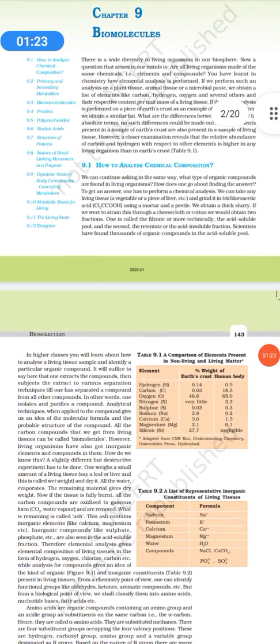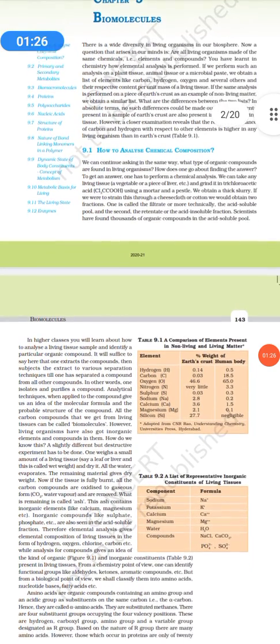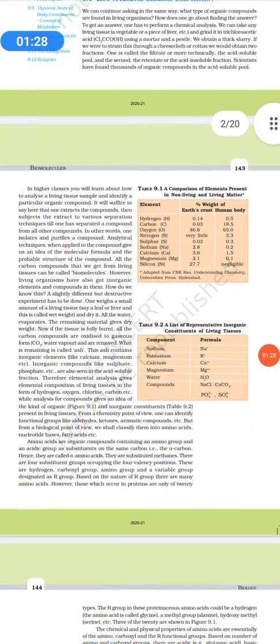Scientists have found thousands of organic compounds in this acid soluble pool. Here we can get the molecular formulas, and all the carbon compounds present in the body of a living tissue are the biomolecules.